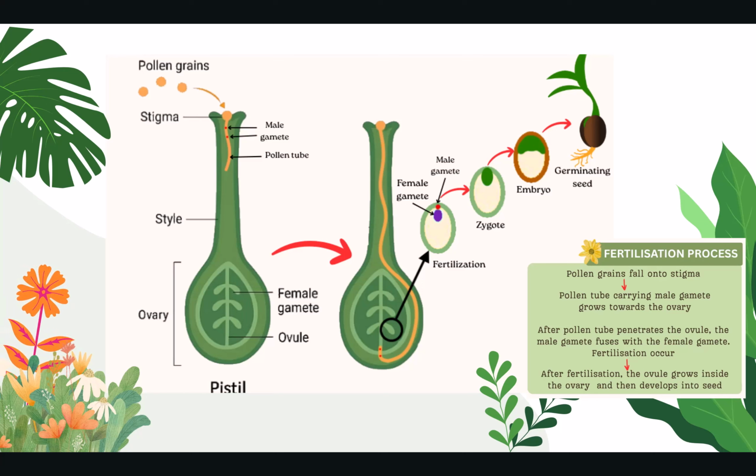After the pollen tube penetrates the ovule, the male gamete fuses with the female gamete. Fertilization occurs. After fertilization, the ovule grows inside the ovary and then develops into a seed.